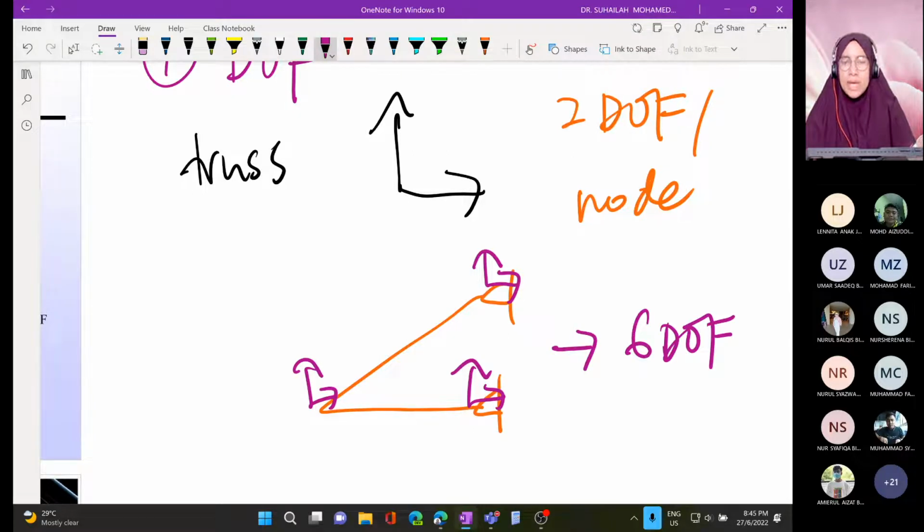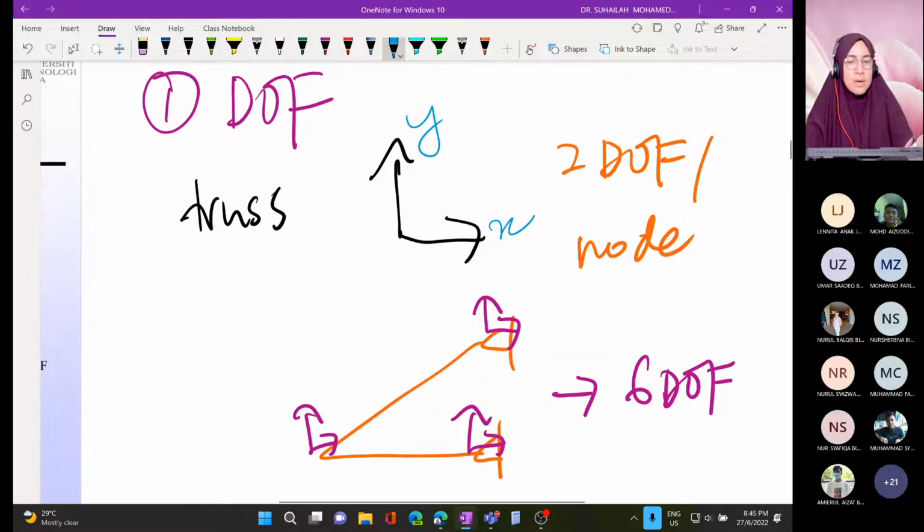So we have to apply degrees of freedom at each node. In truss, there are 2 degrees of freedom, in the X and Y components. We don't count Z in truss because Z refers to rotation for displacement, and Z refers to moment for forces.